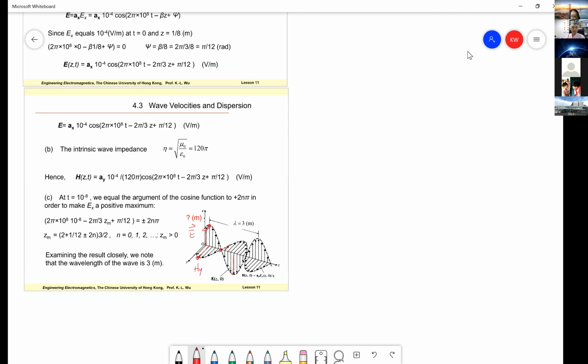For the problems in the midterm and final exam, maybe 80% are related to plane waves. If you couldn't understand it, you must spend more time on it. That's all for today.